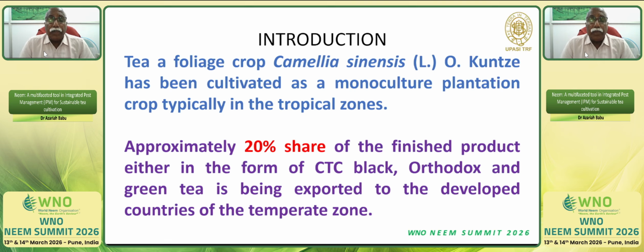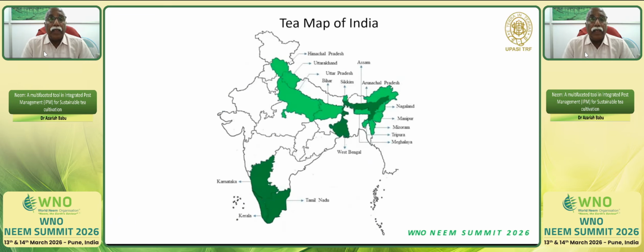Approximately 20% of the finished product, in the form of CTC black tea, orthodox, and green tea, is exported to the developed countries. This slide shows the tea growing areas in India. 50% of the area is in the northeast, Assam, 25% in West Bengal, and the other 25% in the rest of the country.